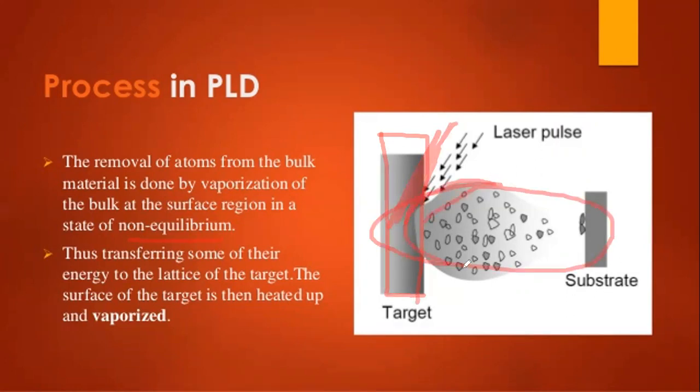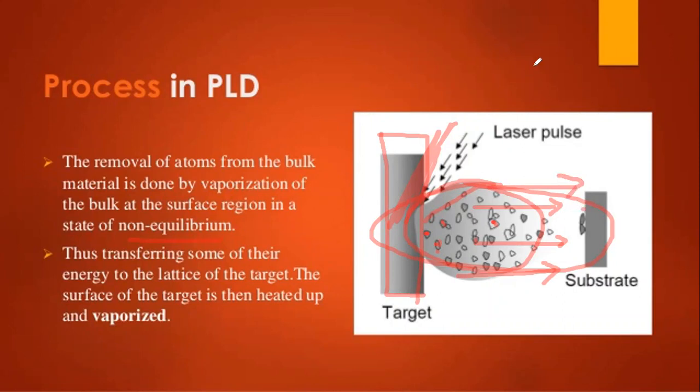So this entire part is nothing but plasma, and due to that plasma all the small atoms or particles get vaporized, and all the particles travel towards the substrate side.